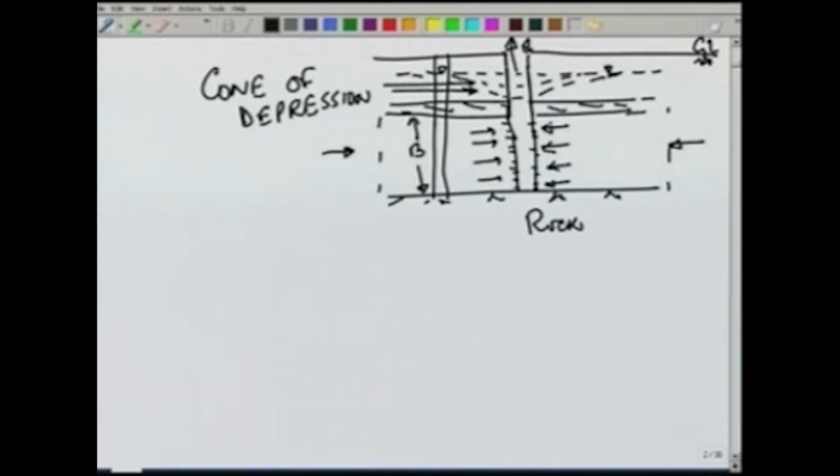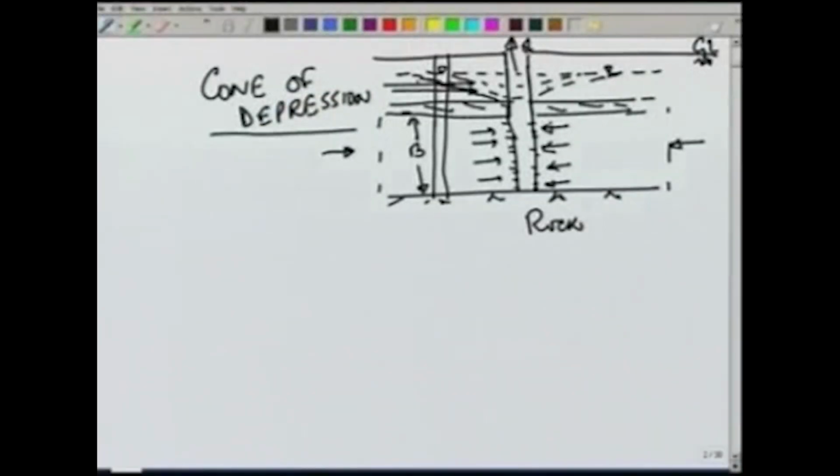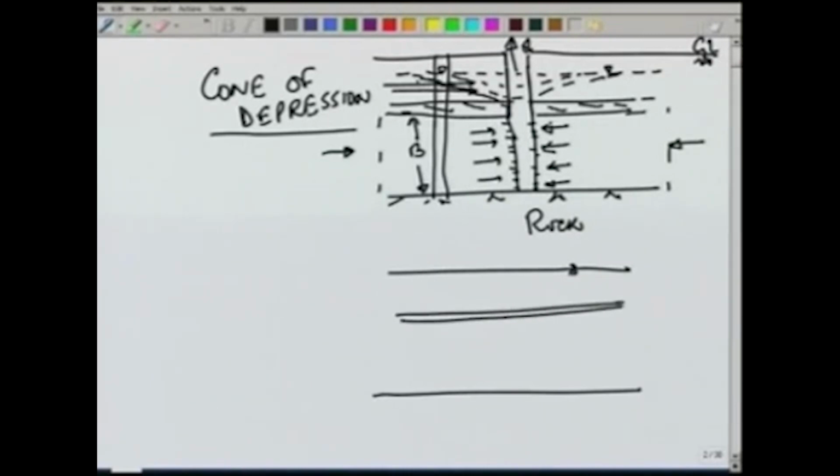Now, this cone of depression is important for us because we want to know how much is the head at any location H. So, let us draw it here again.